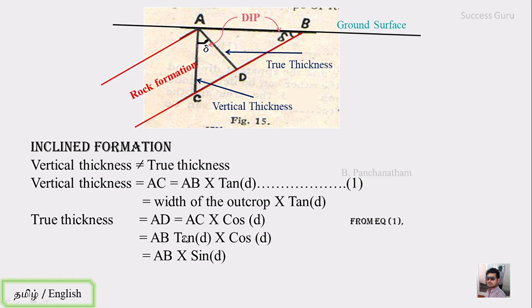So instead of tan, we can write it as sine by cos, and as cos is here and cos is in the denominator, this can be crossed out and the remaining will be sine. So this formula can be used if you know the vertical thickness, and if you don't know the vertical thickness, that is not a problem. You can simply apply this formula with the help of the width of the outcrop and sine theta. We can calculate the true thickness this way, or if you know the vertical thickness, you can calculate it as well, right? Is that clear?